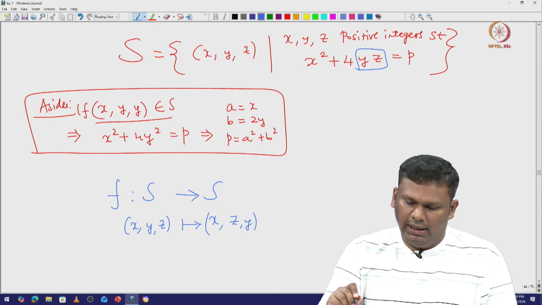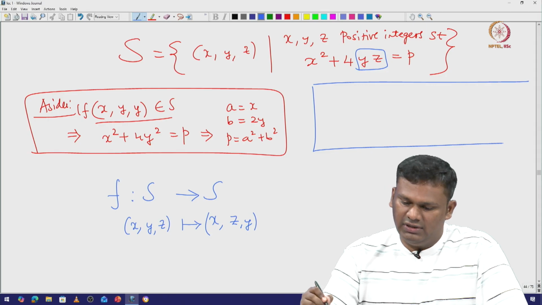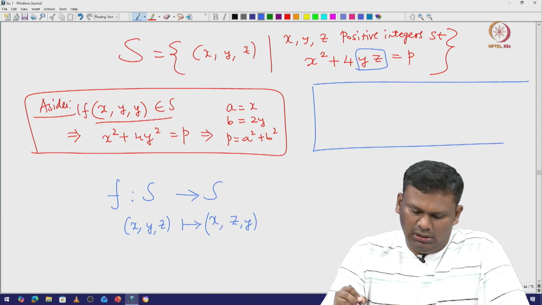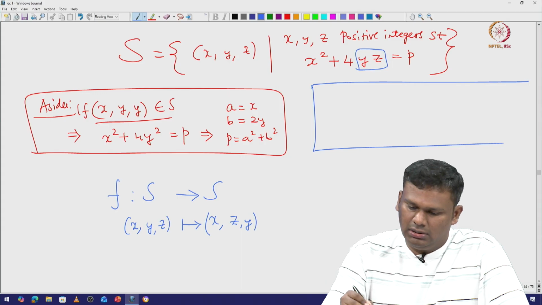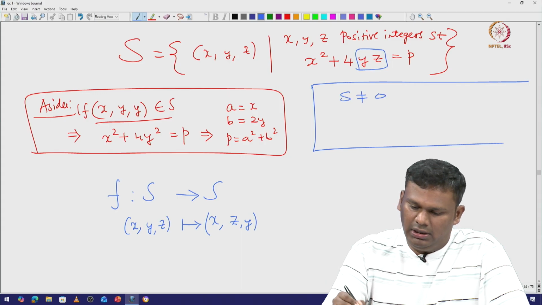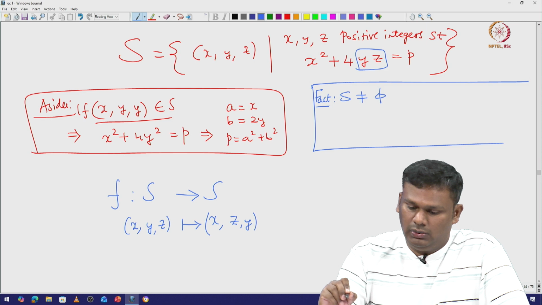And this S being finite is very clear. So, that is the black box I was telling about, that this is non-empty. So, S being non-empty is something I am going to take as a fact. I am not going to prove it.